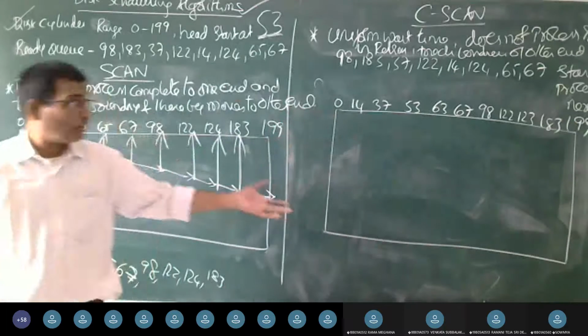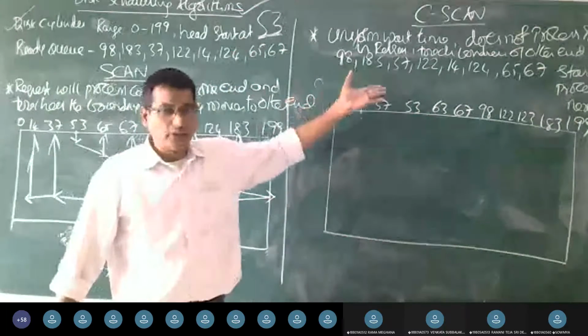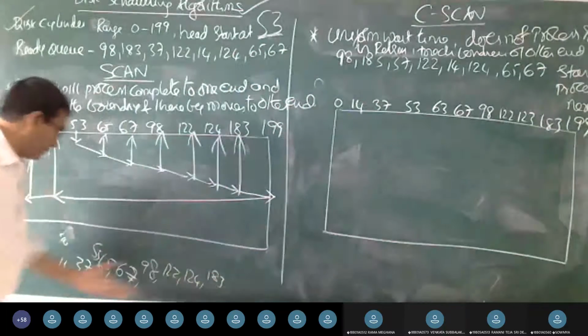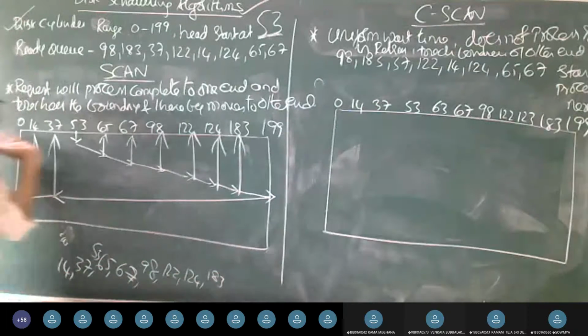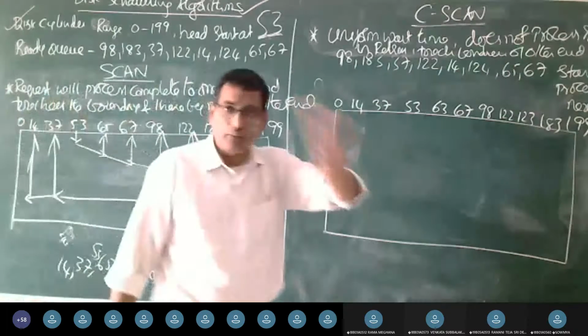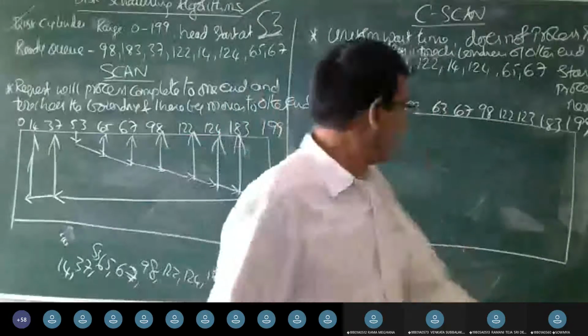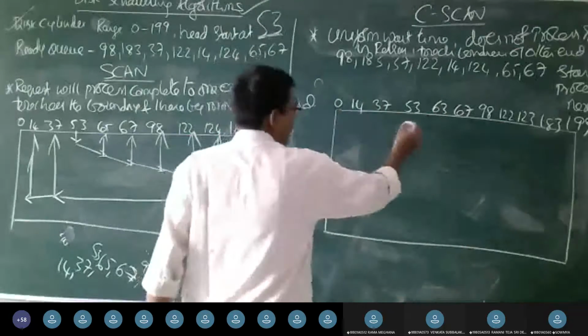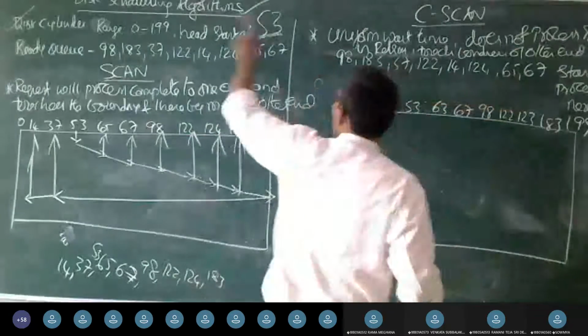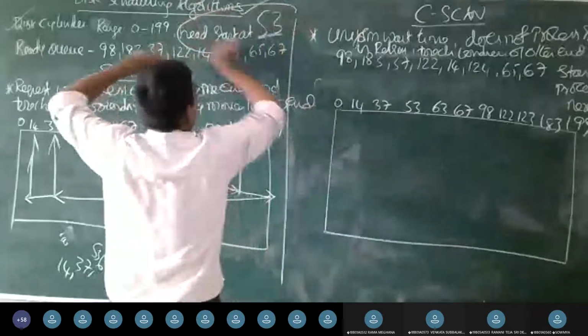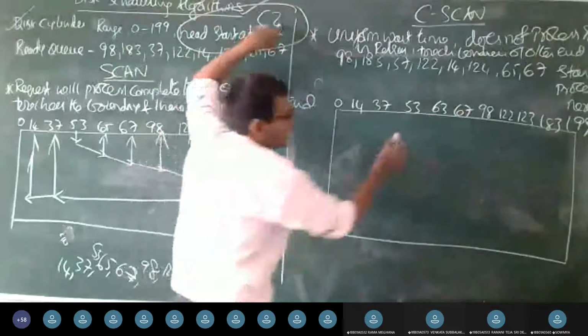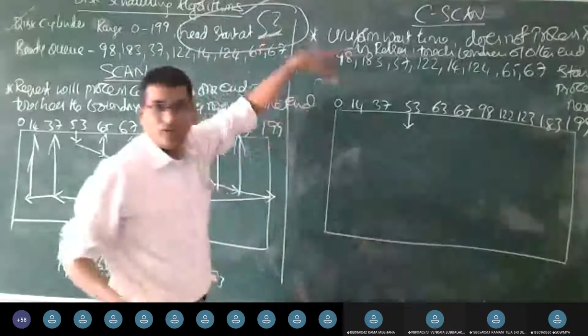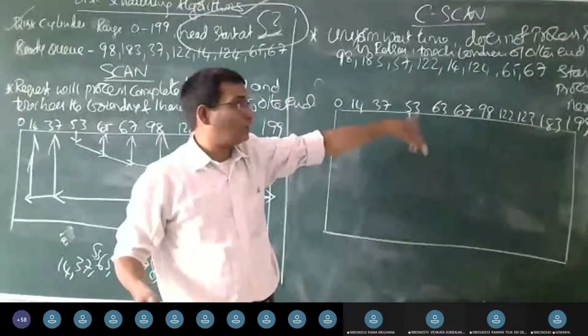So this is common, right? We are going to have the ready queue. The ready queue items are written in ascending order. Up to then, the table format is very clear, right? Now, where was the header position? The header starting position was at 53.